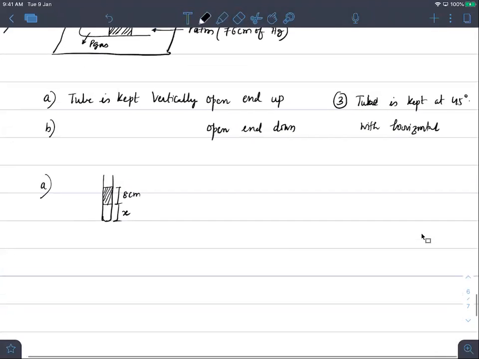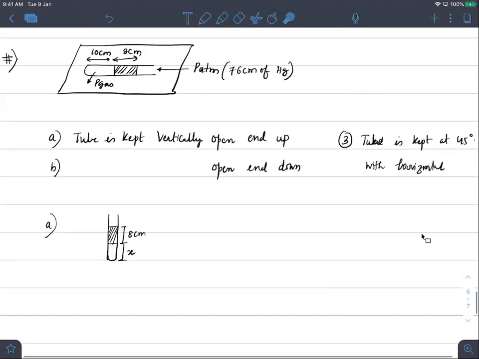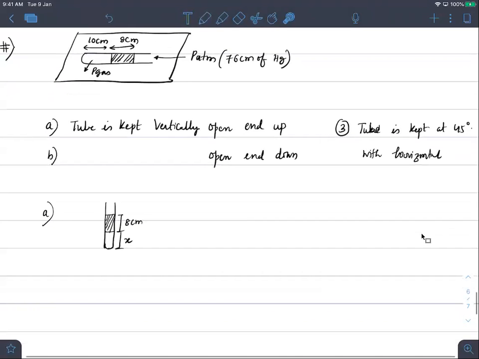As of now, X is not something I wanted to calculate because I don't know what Boyle's law is yet. Now here, the pressure of gas: those who haven't understood, don't worry, just check out the solution. Those who have understood, just finish up the three parts of it. Here the pressure is what I'm checking out.